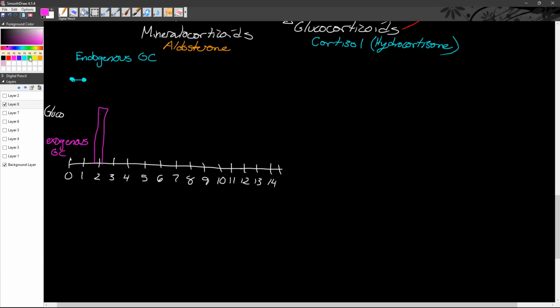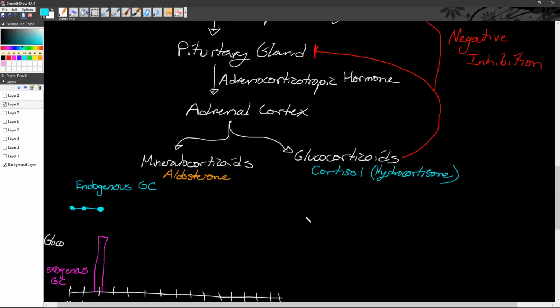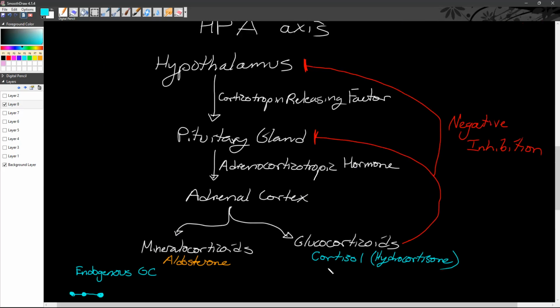What this is going to do is turn off the HPA axis because it's going to start going through this negative feedback. So instead of the endogenous cortisol being produced, I'm now taking exogenous prednisone and sticking it into the system.